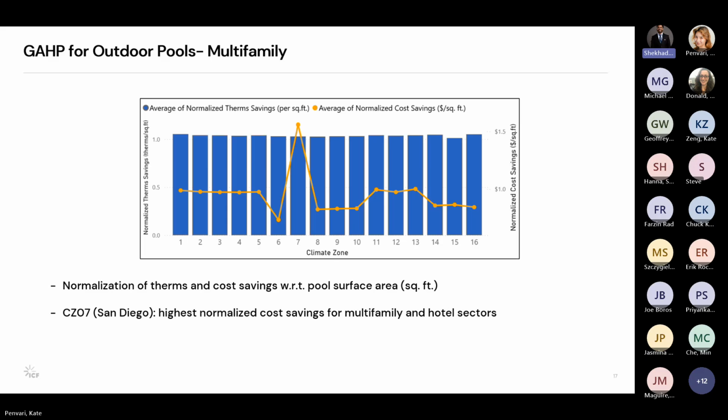For outdoor pools in the multifamily sector, we noted that the highest normalized cost savings occur in climate zone 7, which is San Diego, and the primary reason could be higher utility rates compared to other climate zones in the state. We also noted that a similar trend was seen for the hotel sector as well.